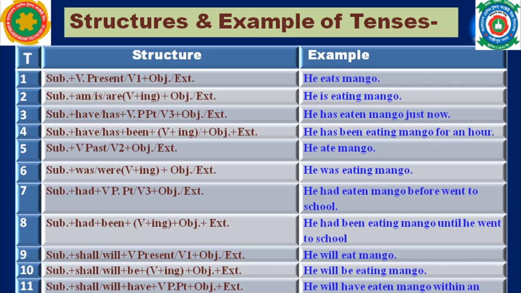That is a period of time, for an hour. Here the digit is mentioned, for an hour. That's called period of time, right? So he has been eating mango for an hour. His action started in past time and continued for an hour, right?